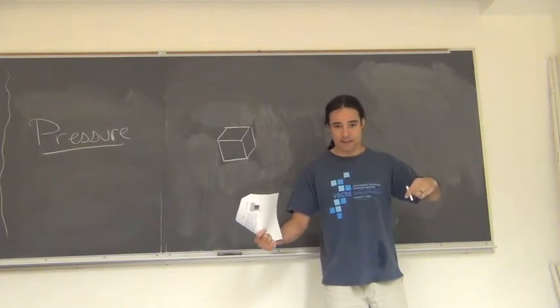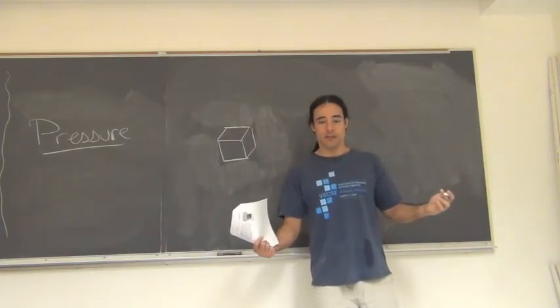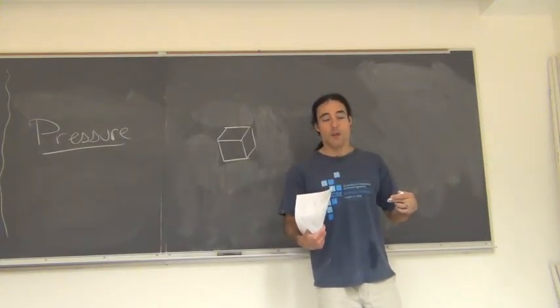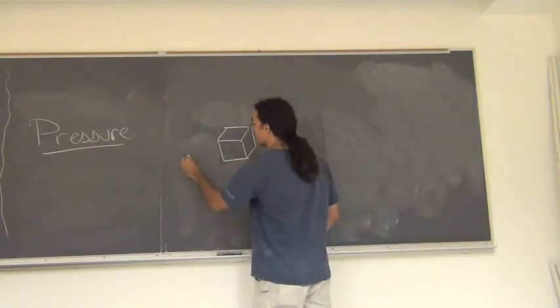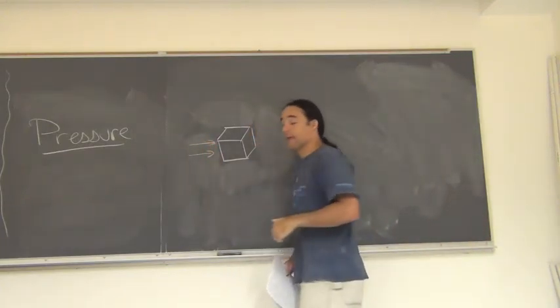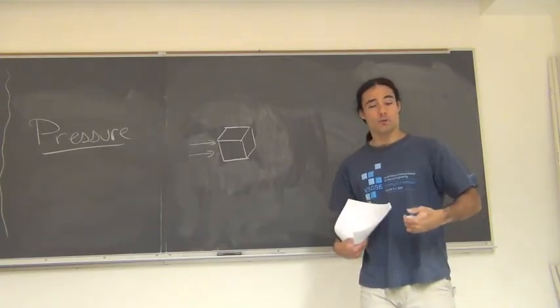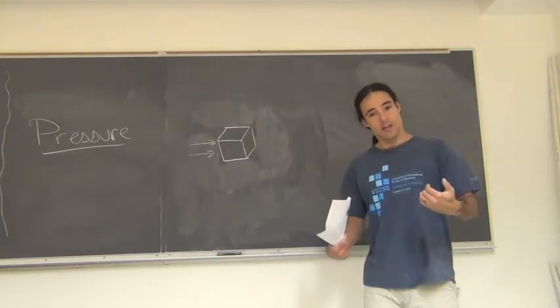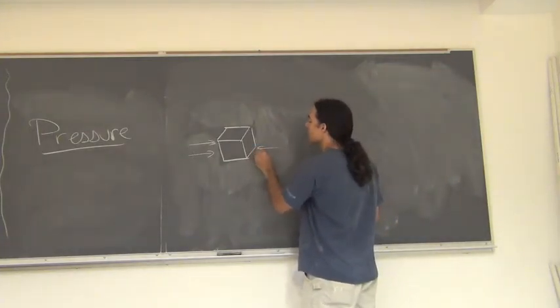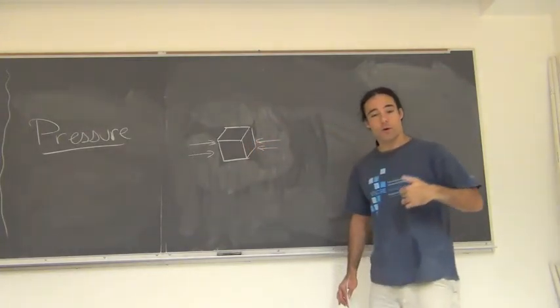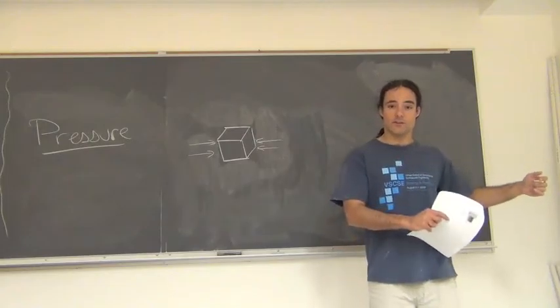They're constantly banging into me, and every time they bang into me, they exert some force on me. So any object surrounded by any fluid is going to feel some amount of force. Well, if it's feeling a force, why doesn't it start to accelerate? It doesn't accelerate because it feels an equal and opposite force on the other side from the fluid on the other side.